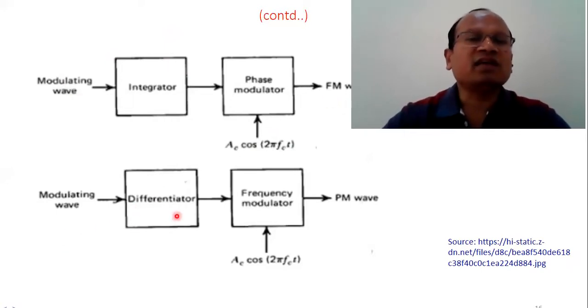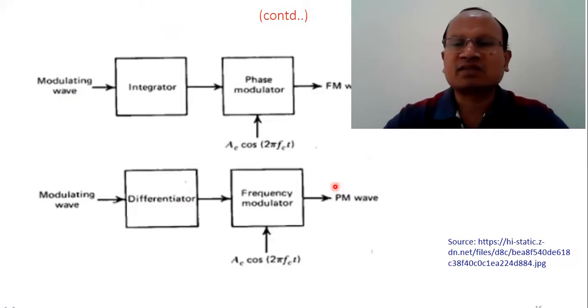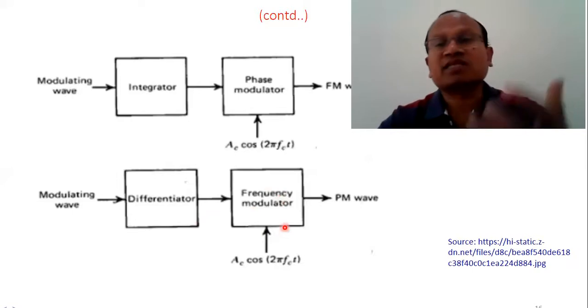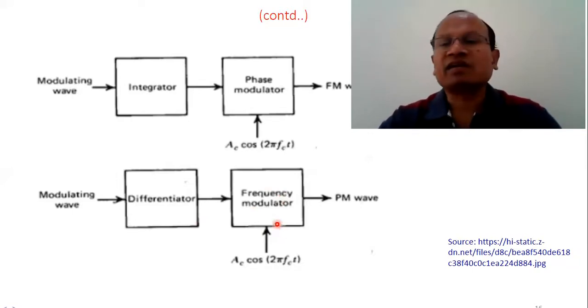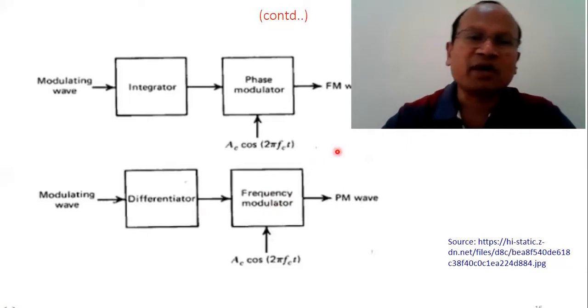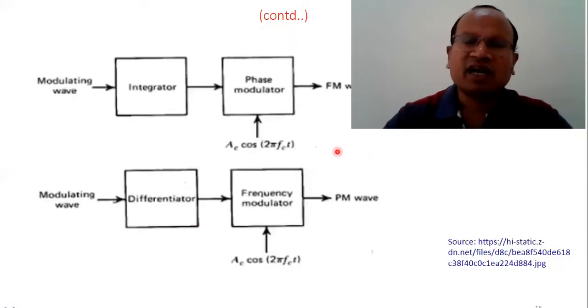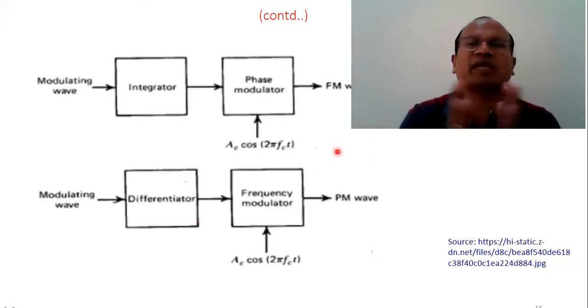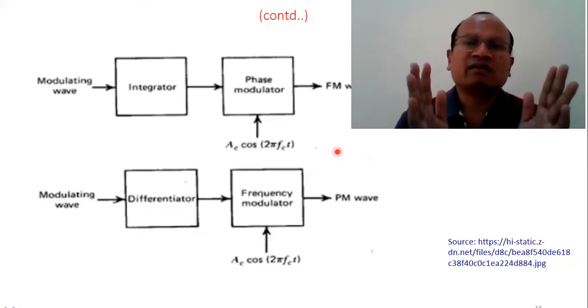Whereas in the opposite way, when the modulating signal is sent to a differentiator and then it is frequency modulated by the same carrier signal, we get PM, that is a phase modulated signal. So there is a relationship between frequency modulation and phase modulation. When the modulating signal is integrated and passed to a PM, we get an FM signal.